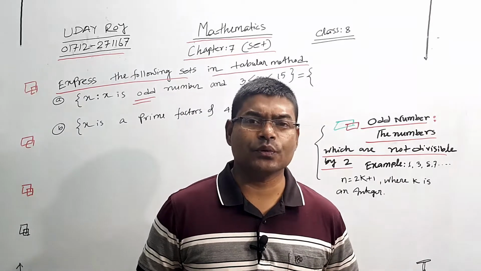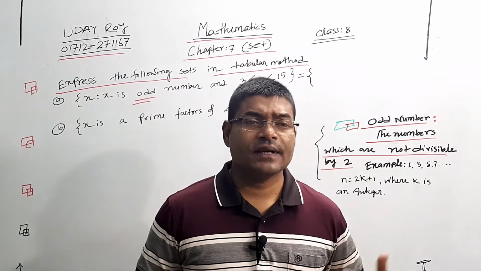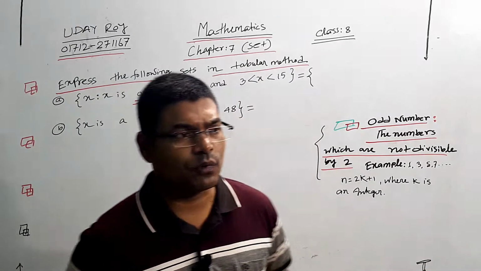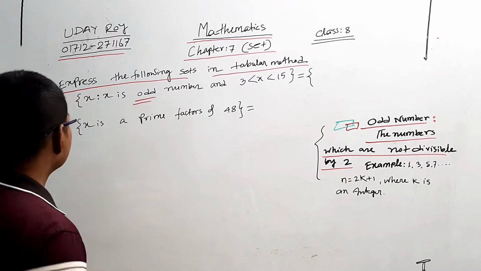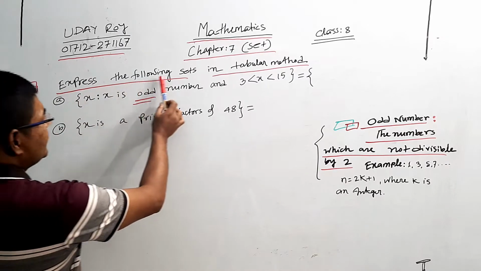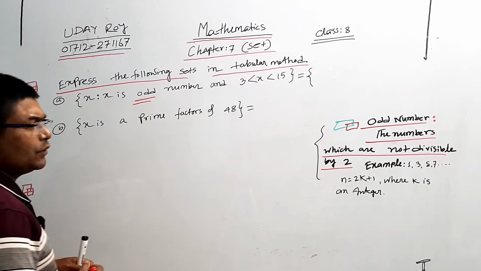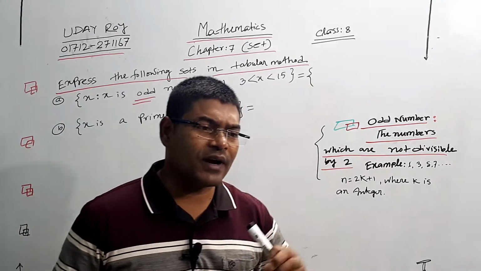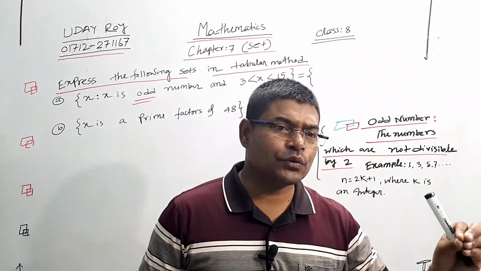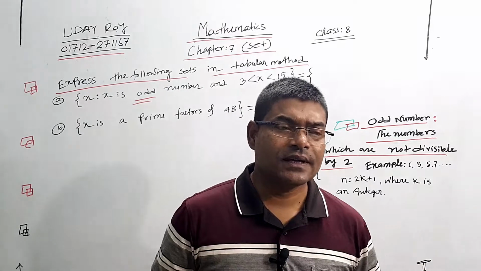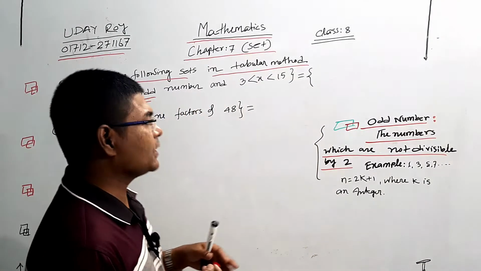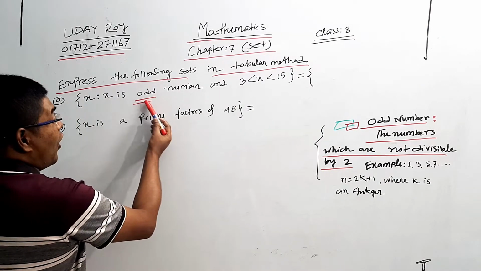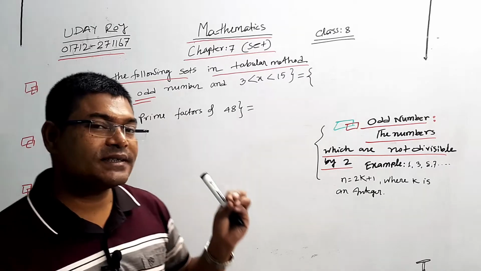Now we have to do some maths using the tabular method and set builder method. Let's come back to the board. You can see here: express the following sets in tabular method. What is the tabular method? You have to find out the values, that means using a table. Now here is another condition: x such that x is an odd number.